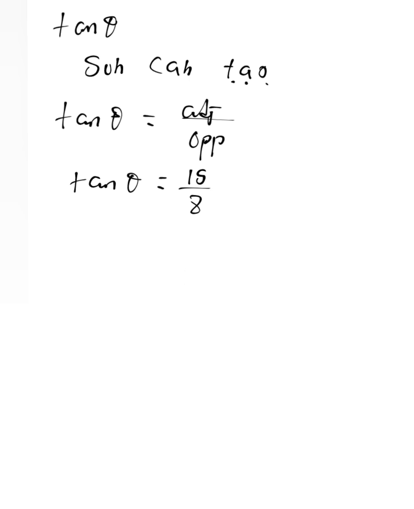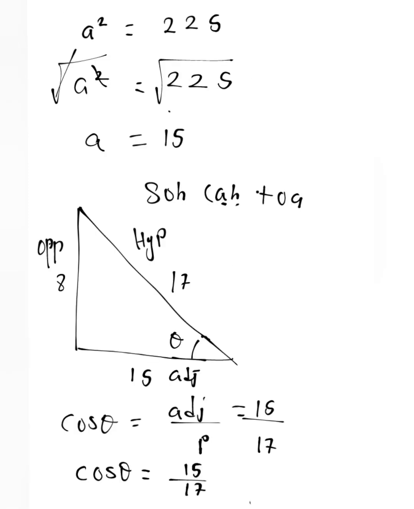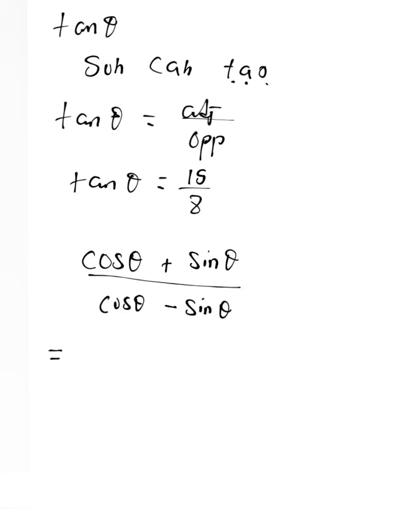At the last one, we are going to find cos theta plus sine theta all over cos theta minus sine theta. This will be equal to cos theta. We have cos theta already, and cos theta is 15 over 17, plus sine theta.